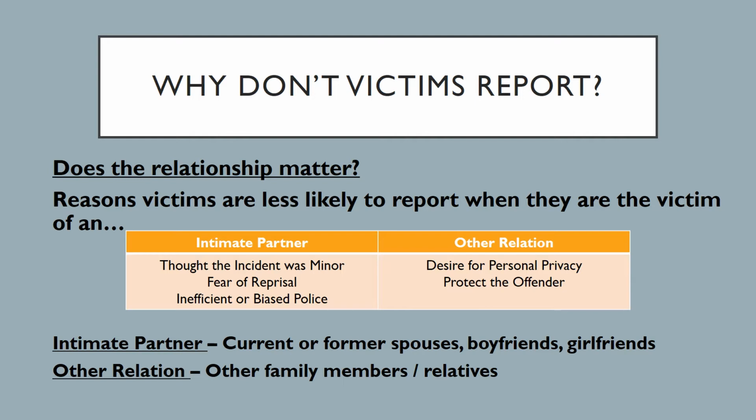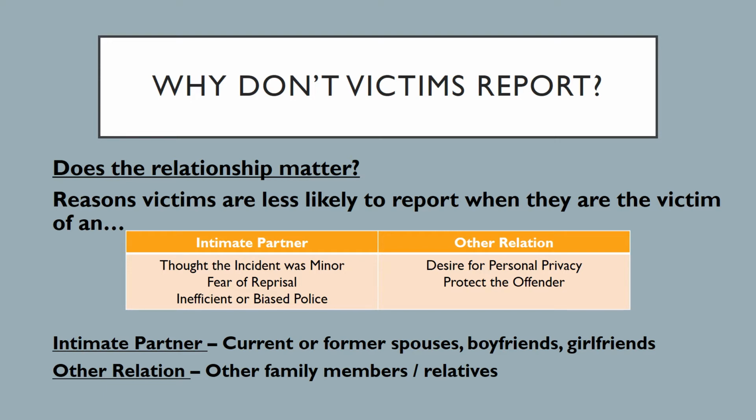Fear of reprisal, right? Obviously, in an intimate partner relationship, the victim may be relying on the aggressor for housing, for financial assistance, for food, love, caring, safety, stability. So even though they may be the aggressor, the victim fears a reprisal and doesn't want to report for fear of what could happen.